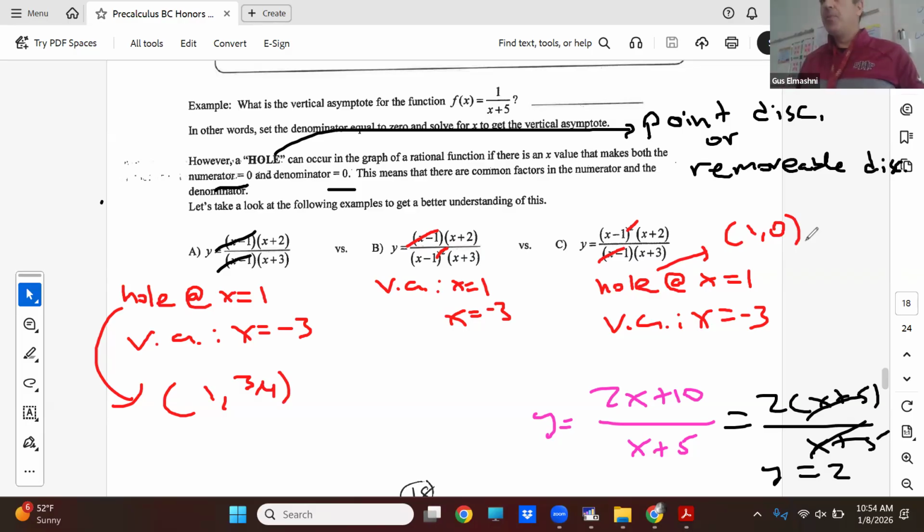So you can't just assume where it makes the bottom 0 is a vertical asymptote. Because here's what's happening for part A, by the way.